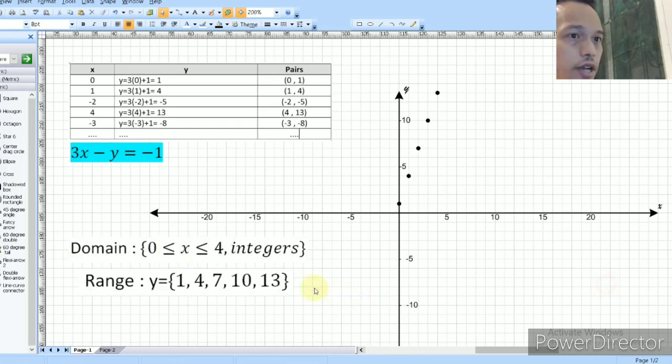Therefore, for the range, you can state specifically what the values of y are: 1, 4, 7, 10, and 13. That is your range. There are no other values of y displayed on your graph except these 5. Okay, again, a different domain, although we have the same equation, can show you a different graph and a different range. Okay.